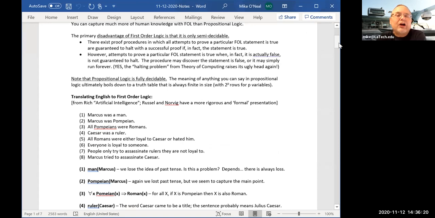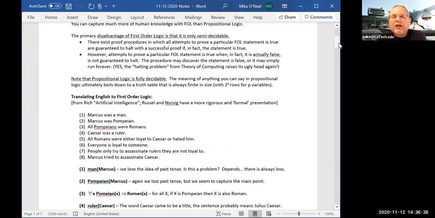On the plus side, there exist proof procedures in which all attempts to prove that a particular first order statement is true are guaranteed to halt with a successful proof if in fact the statement is true. Lots of words. What am I saying there?